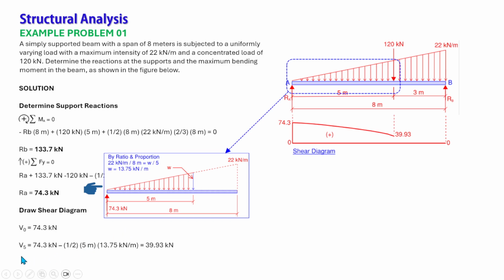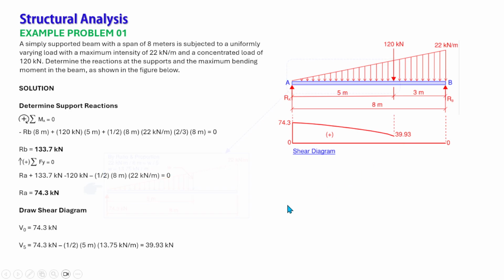Now we can determine the shear at a distance of 5 meters from the support, which is equal to 74.3 minus the triangular load, 1/2 times 5 times 13.75. So that is the shear at this point, which is 39.93.